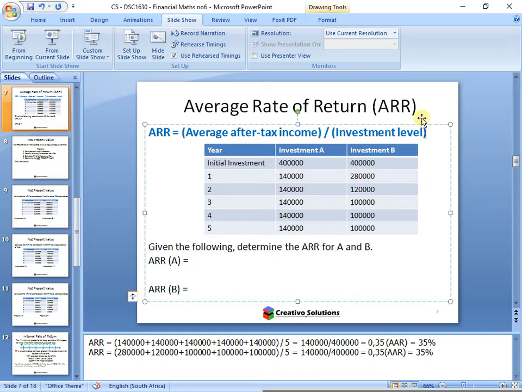Or you could leave it as a decimal. That's fine. It just depends on the question. What do they give you as an answer? Happy with that one? Yes.